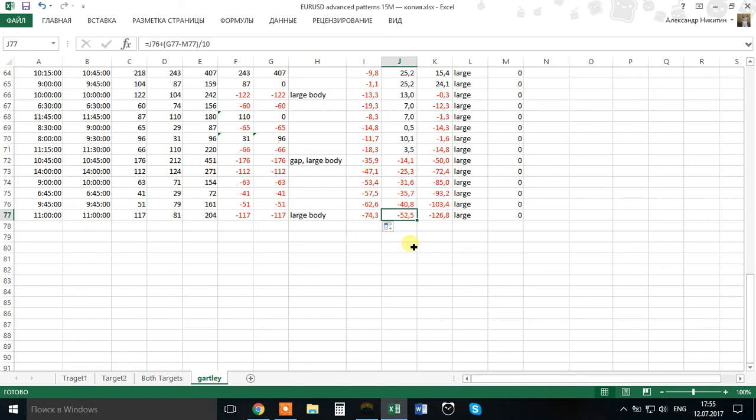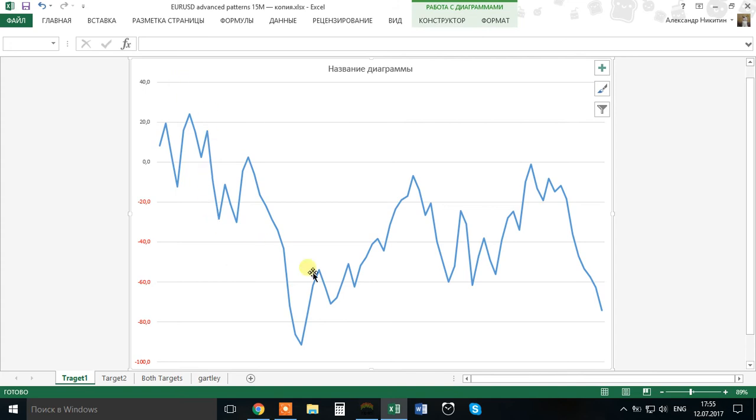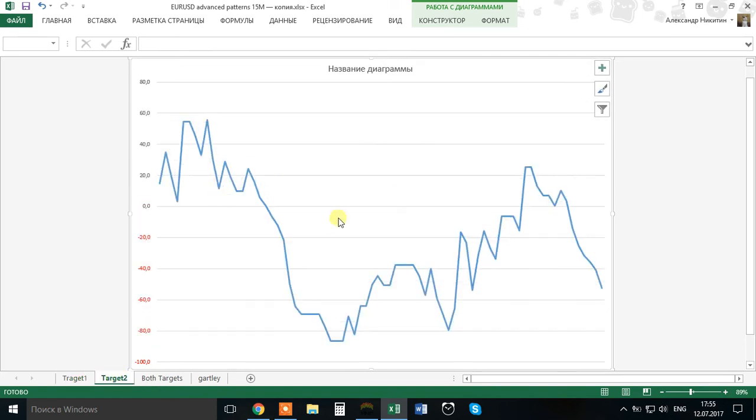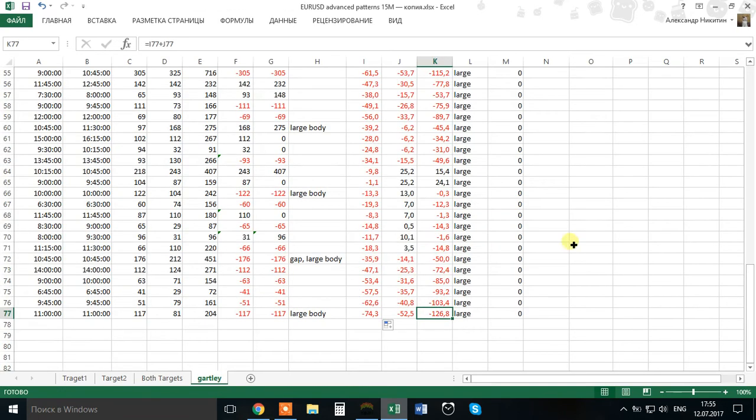Negative 74 pips if you trade the first target only, negative 52 pips if you trade the second target only, or if you trade both of them, you will be negative 126, over 5 years of trading in my window. This is the visual representation of the chart, how they go sideways to negative, and both targets the same, negative to sideways.